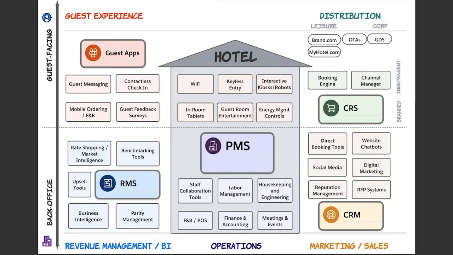What's not depicted in this diagram is the tangled web of relationships between these various tools. If I tried to map that out, there would be arrows going in multiple different directions, and you'd need a magnifying glass to make sense of it all. The relationships between technology solutions in our industry are very convoluted, and there are as many exceptions as there are rules, which results in complex integration dependencies between most tools and the PMS, the centerpiece of the hotel tech stack.